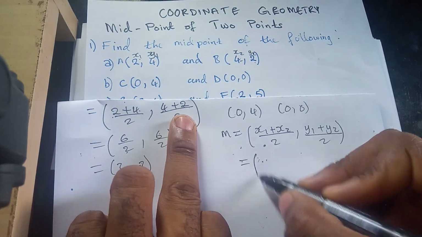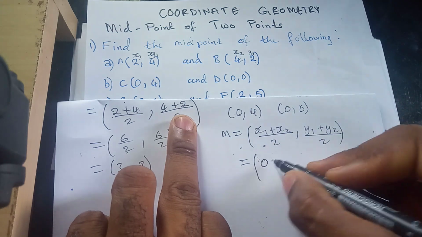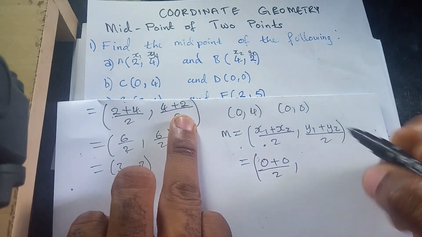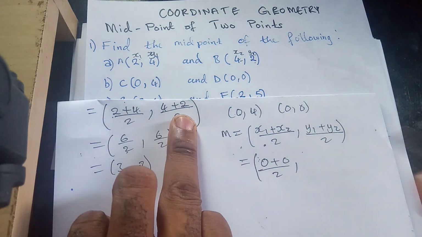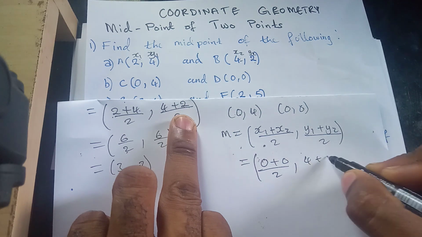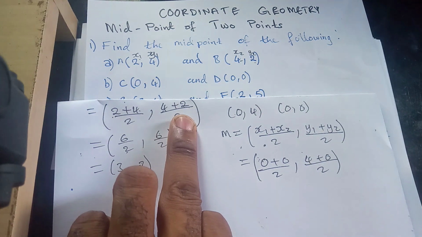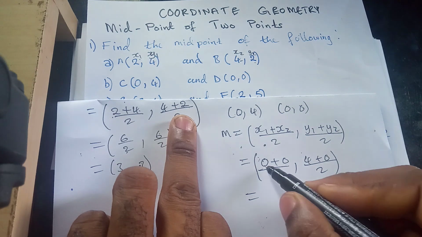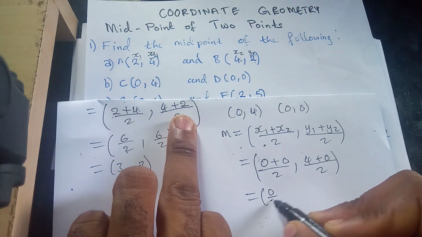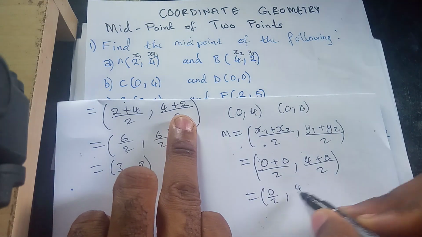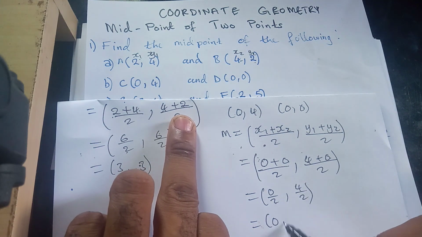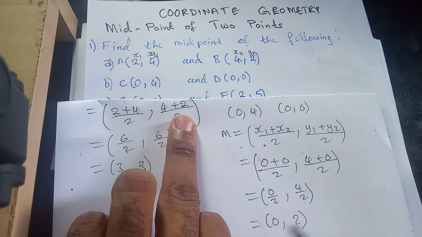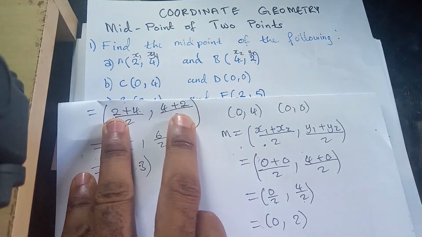So you can say 0 plus 0, the x coordinates here are both zeros, good for you and me. And then we have the y coordinates which are 4 and 0, so you divide by 2. Then this plus this is 0 divided by 2, this plus this is 4 divided by 2, then 2 into 0 is 0, and then 2 into 4 is 2. So this is the midpoint of these 2 points.